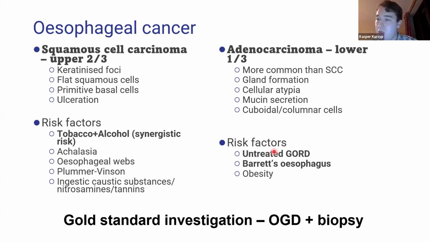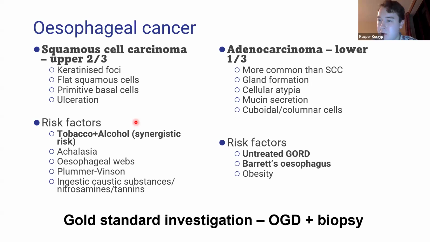The key risk factors: untreated GORD, and in particular Barrett's esophagus. Now, squamous cell carcinoma is more rare. It happens in the upper two-thirds, so no secretion from the stomach, it stays squamous. Now we have our squamous cells, so keratin, flat cells, and primitive basal cells, and it can develop into ulcers.